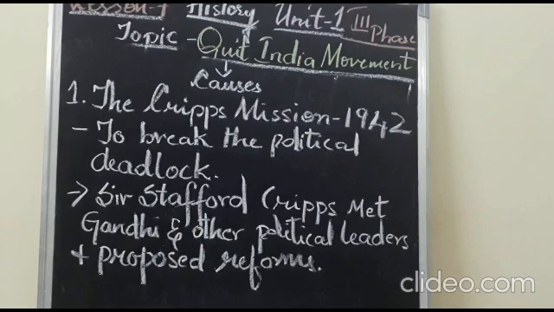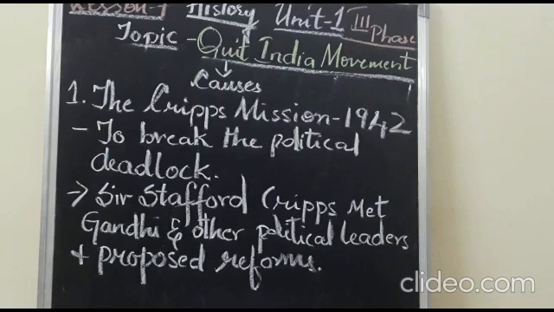Now listen to the reforms very carefully so that you understand the failure of it also very well. The reforms are: a Dominion status would be bestowed on India as soon as the Second World War is over.